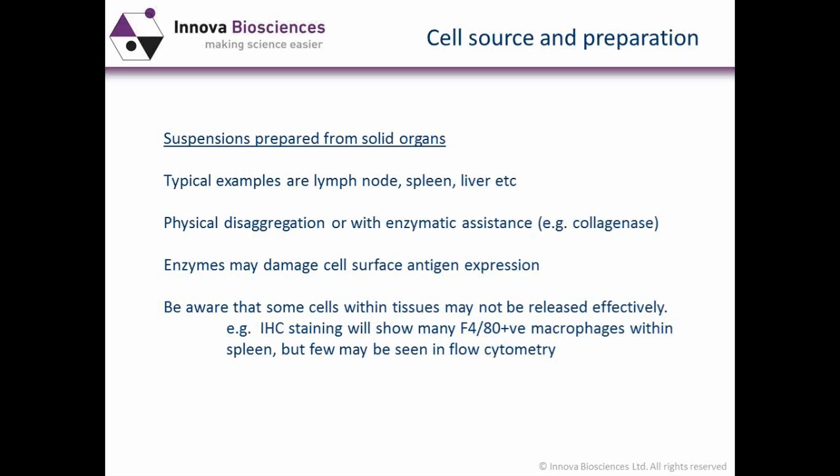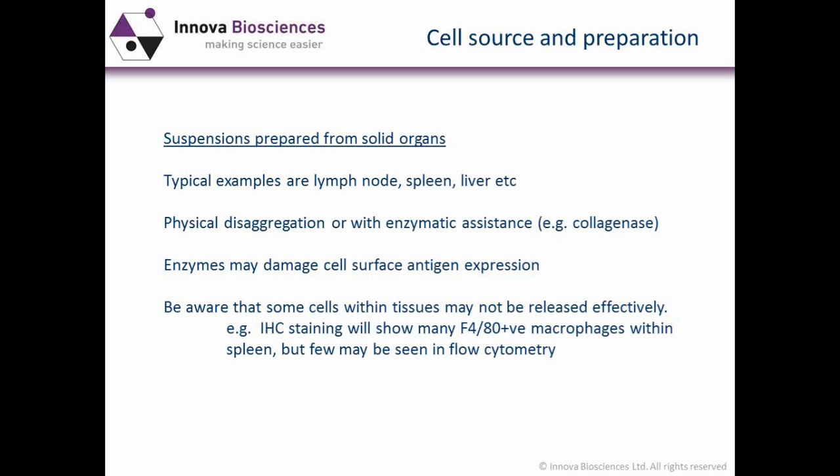Moving on from blood samples and samples that are relatively easy to prepare in a single cell suspension, it is also possible and quite common to undertake flow cytometry on cell suspensions that are prepared from solid organs. Probably the typical example comes from the immune system, so lymph node and spleen, etc. But effectively you can prepare cell suspensions from any organ.